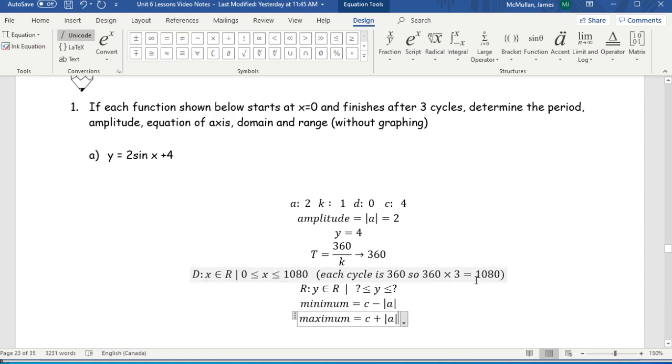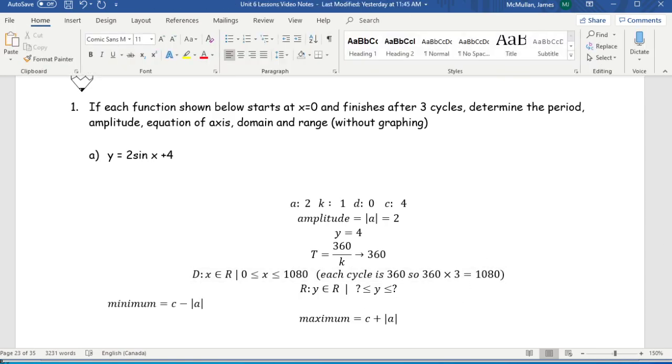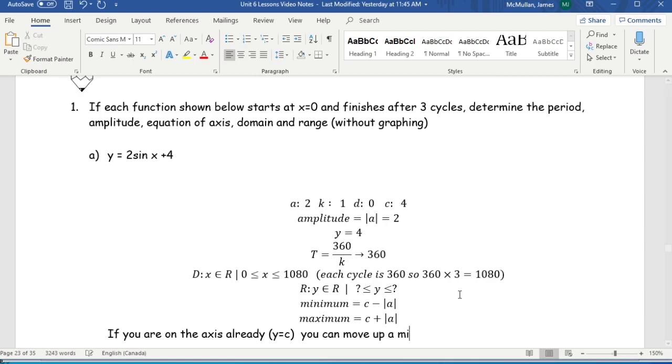Where is this coming from? This is coming from the idea that if you are on the axis already, so like y equals C, you can move up A units, and really I should say absolute value of A, because even if A is negative, or down A units.